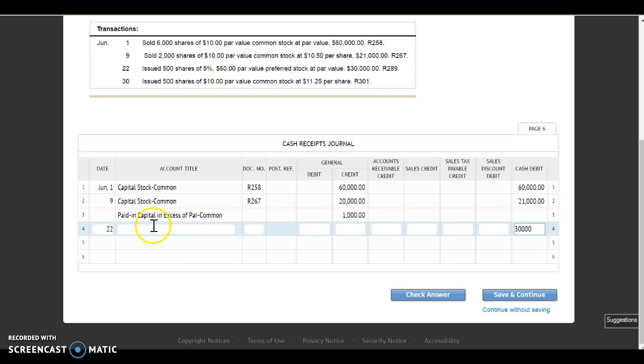And so my cash debit is $30,000. Now I'm going to put in my credit. This time I'm going to credit my capital stock, but we need to pay attention. This is preferred stock. Receipt 289. Okay, and my credit then is simply 30,000.